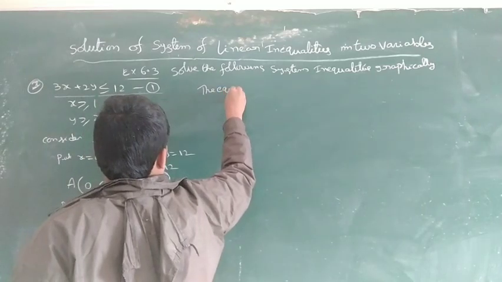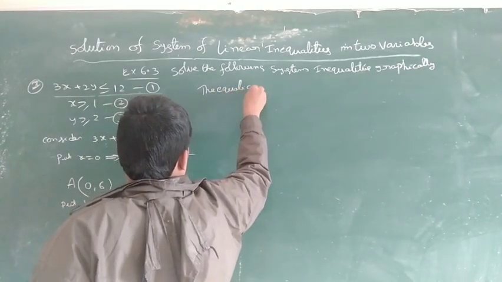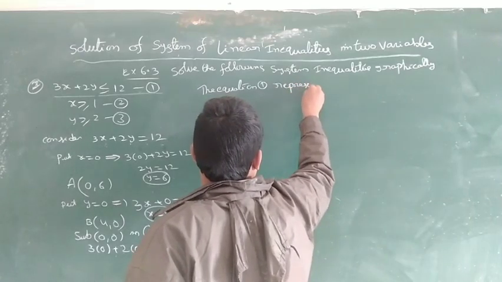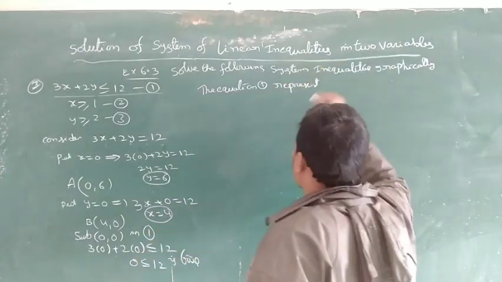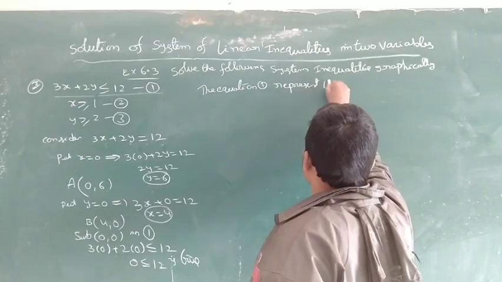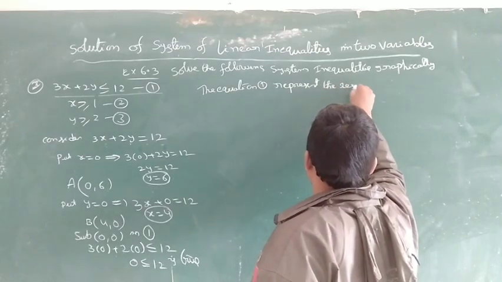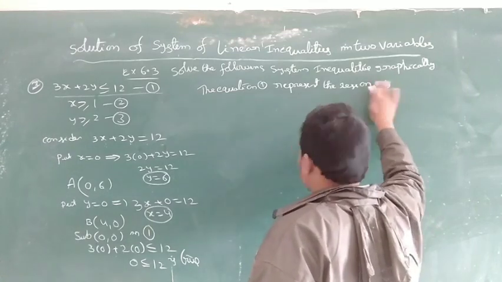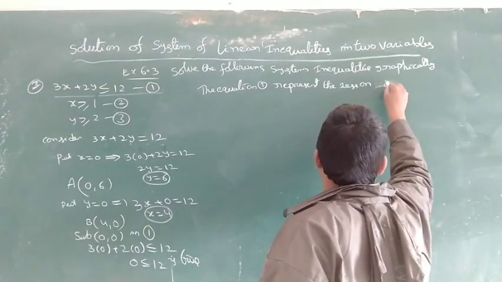The inequality 1 represents the region above or below the line. This is true means what? Origin side.